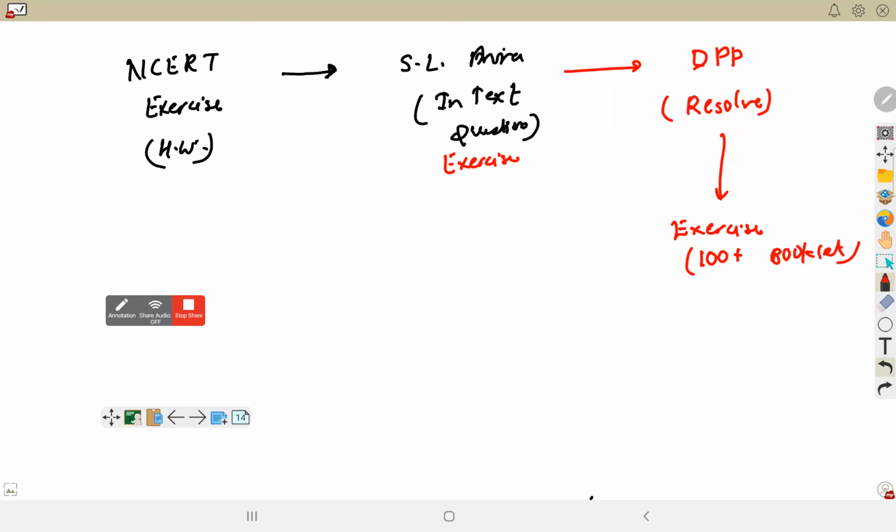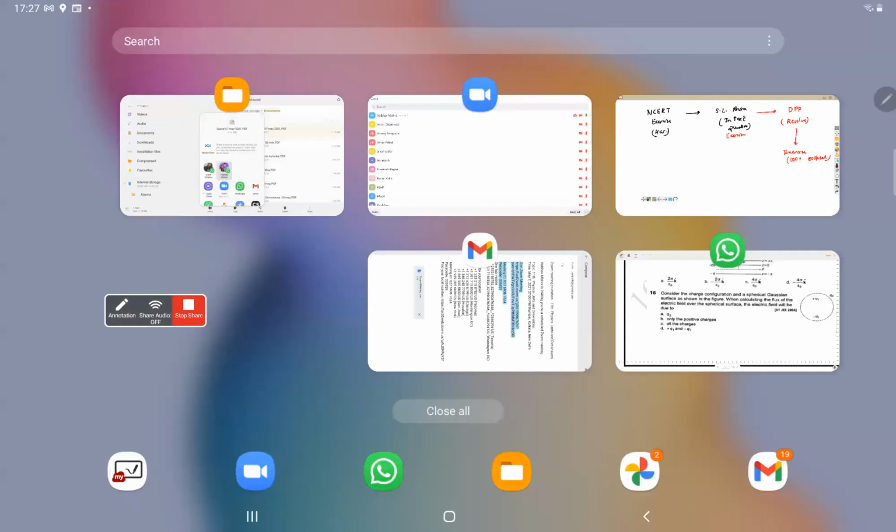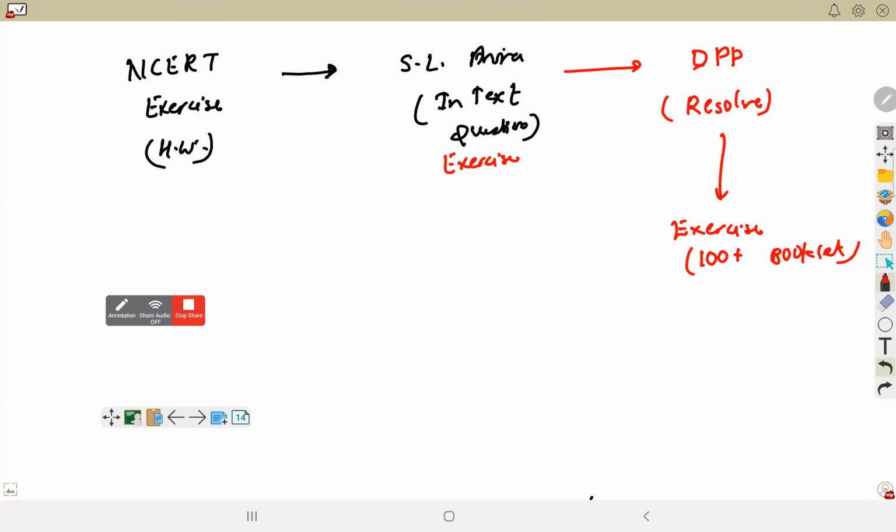It is the mixed set of question bank. So you have to solve it along with the next chapter onwards, like potential and capacitance. We have started, so you can start the potential questions also. After this only, I can say that you are now ready for test.